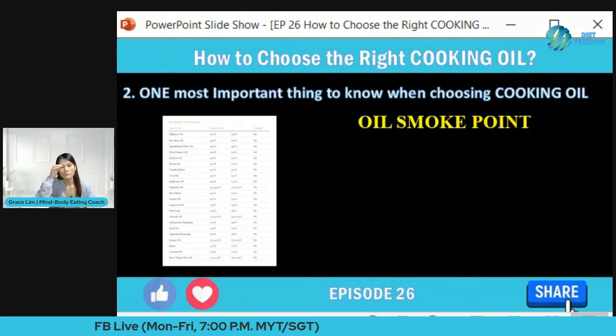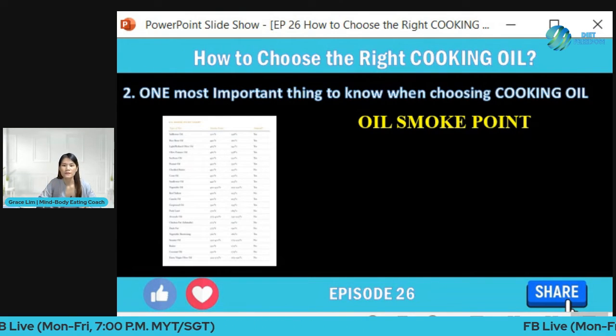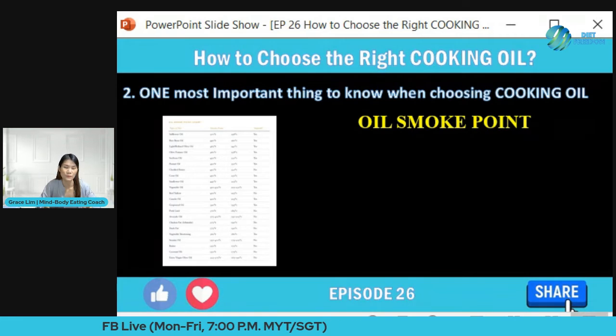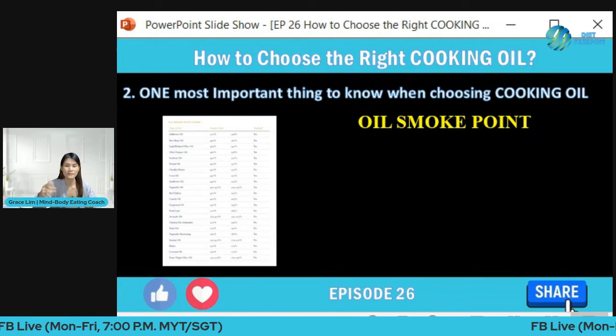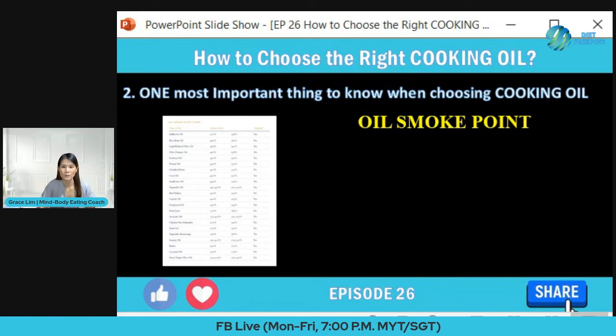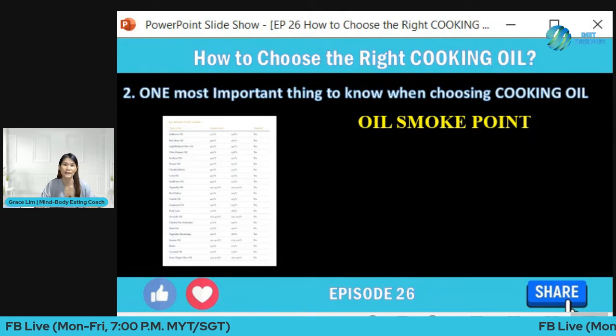The smoke point of an oil correlates with its level of refinement. Refinement is a process when the oil is being processed in the factory itself. Smoking oil isn't always a problem, but there are times when it is inevitable, such as when you are stir frying in an extremely hot wok.